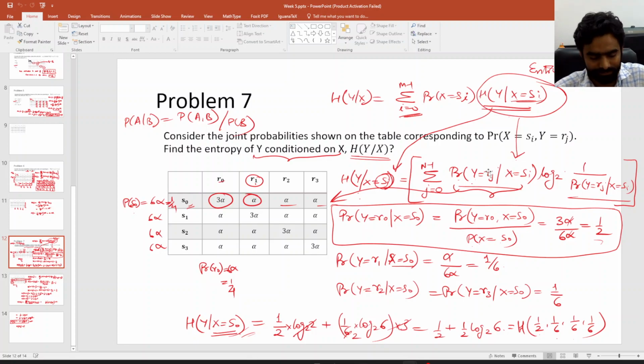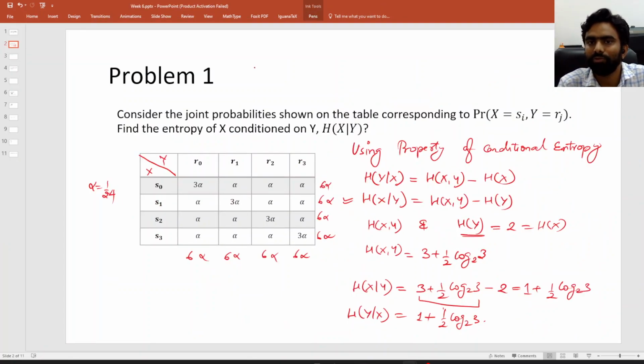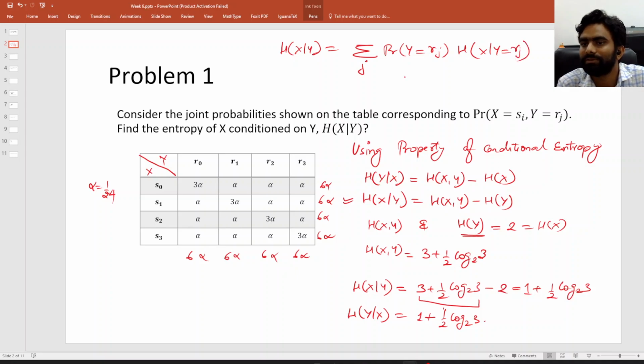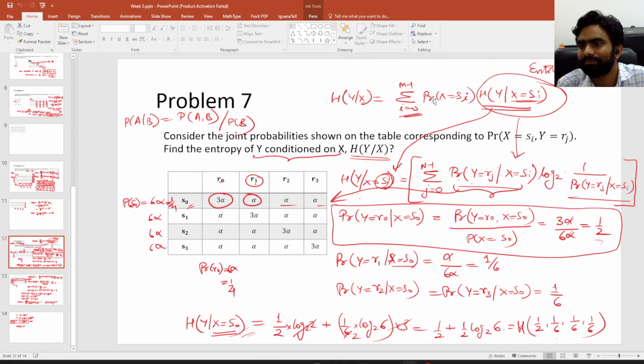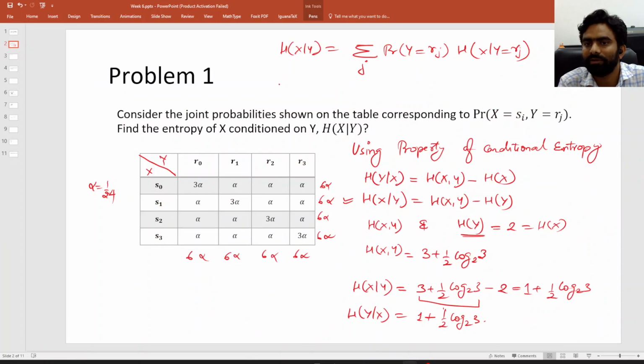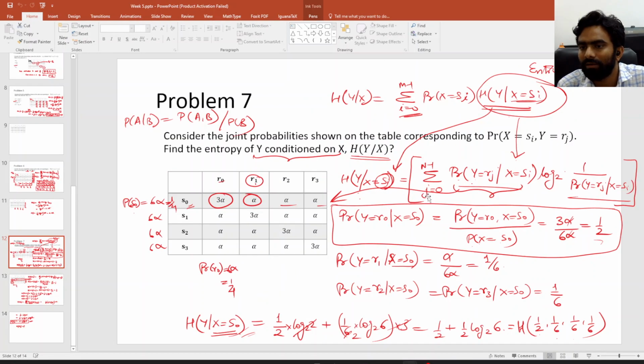I will write that. So if you want to calculate, you can write it like this: sigma over j of probability of Y equal to r_j into H of X given Y equal to r_j. Solving this one, H of X given Y equal to r_j, we have written that here, no?